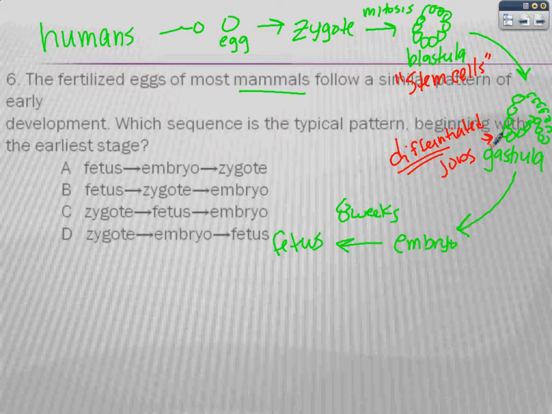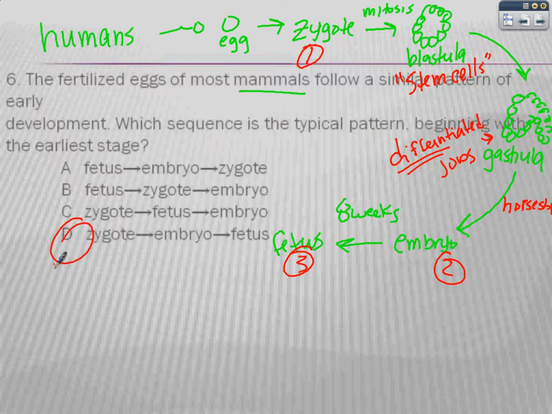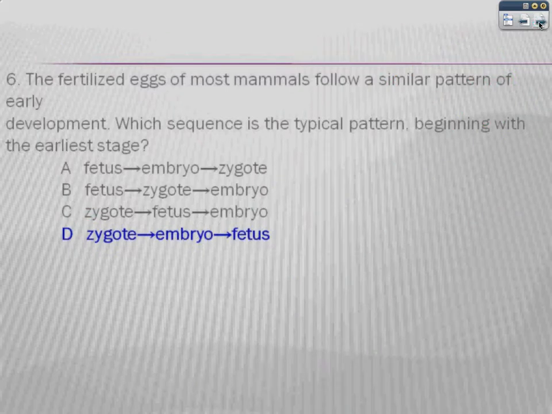Just want to keep making that clear, because that will pop up. Blastula stem cells, full of them. It's a hollow ball. Gastrula, it's a horseshoe. Ran out of screen, but you understand what I'm saying. And so if we looked at it, zygote is the first stage, embryo second stage, fetus is third stage. So that means that D is the correct answer for this one.